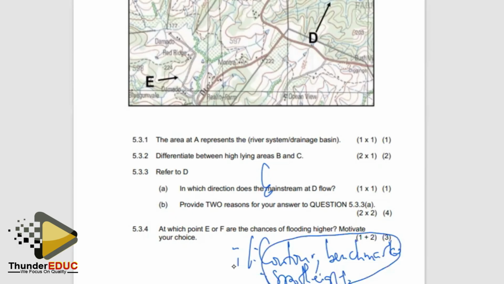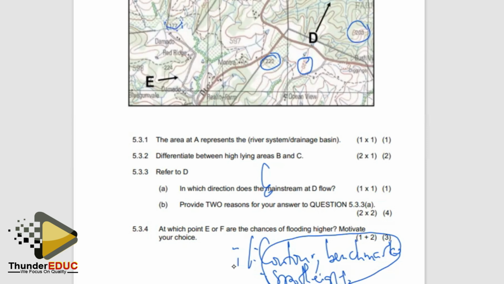Then you can also use the indicators here. Let's now relate the indicators of height to show where this river is flowing towards. Unfortunately, our contour lines are not very visible, but the indicators of height you can see: we have 220 on this contour line, we have 203 on that spot height, we have 222 on this spot height, and also we have 177 on this particular area.